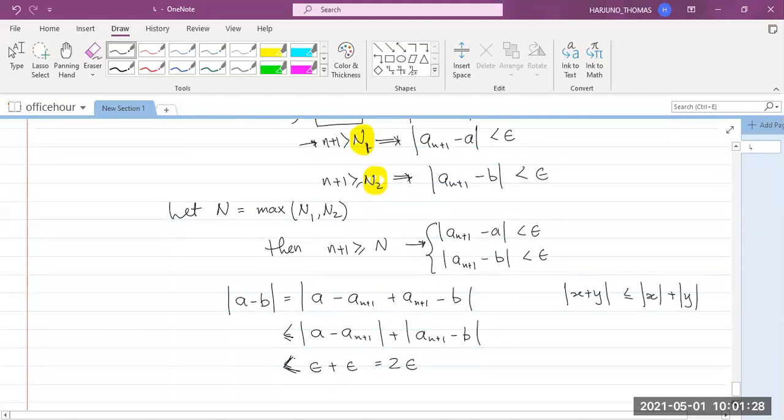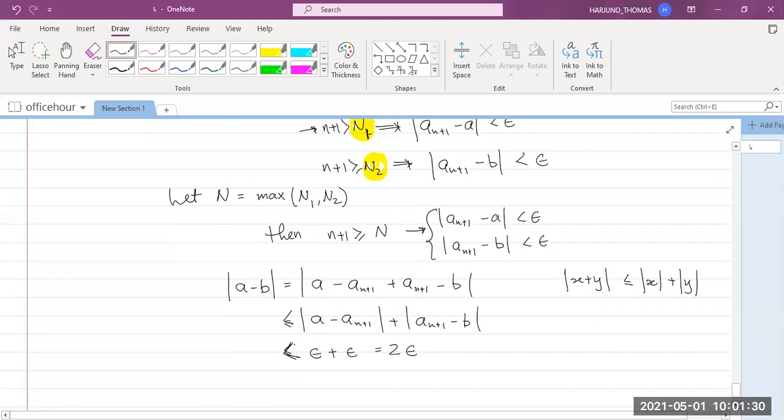What is the number that is greater than or equal to 0, yet at the same time always less than any positive number? Let me write it in words. So the absolute value of A minus B is positive or 0.